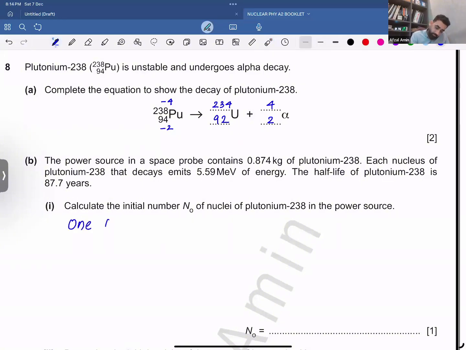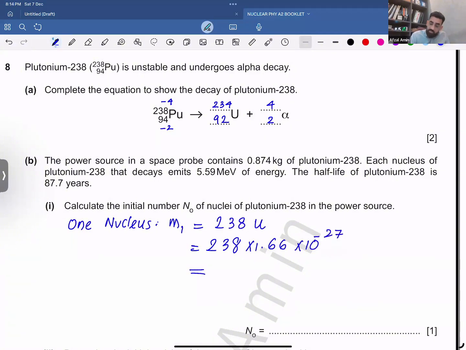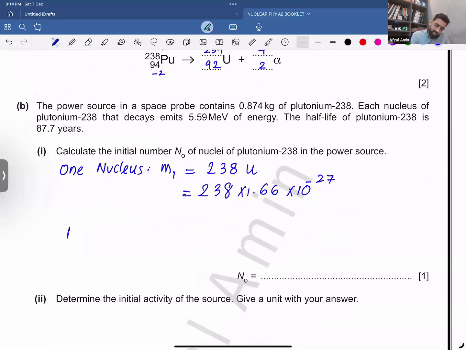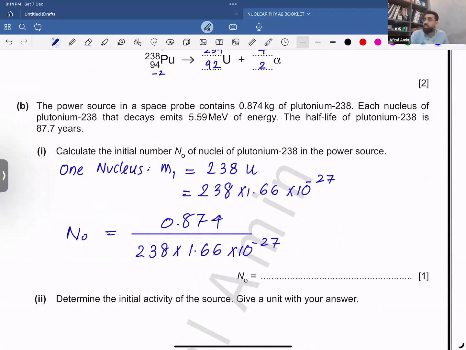So the mass of one nucleus for plutonium-238 is 238 × 1.66 × 10^-27 kilograms. And the number of atoms will be the given mass, 0.874, divided by 238 × 1.66 × 10^-27.